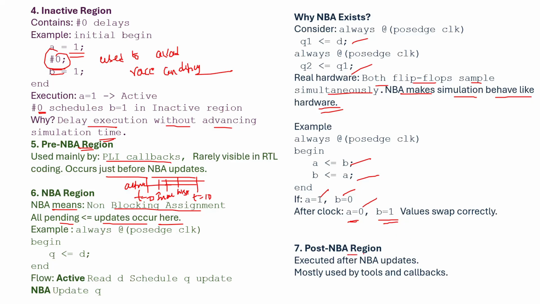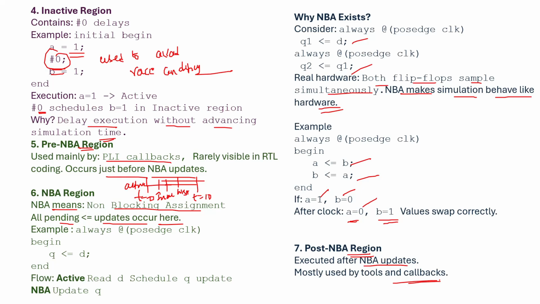And then the post-NBA region. The post-NBA region is nothing but it executes after the NBA region. The updates will happen in the NBA region, right? Then if you want to use any callbacks, you can apply them here in this post-NBA region. So it is mostly used by tools and callbacks.